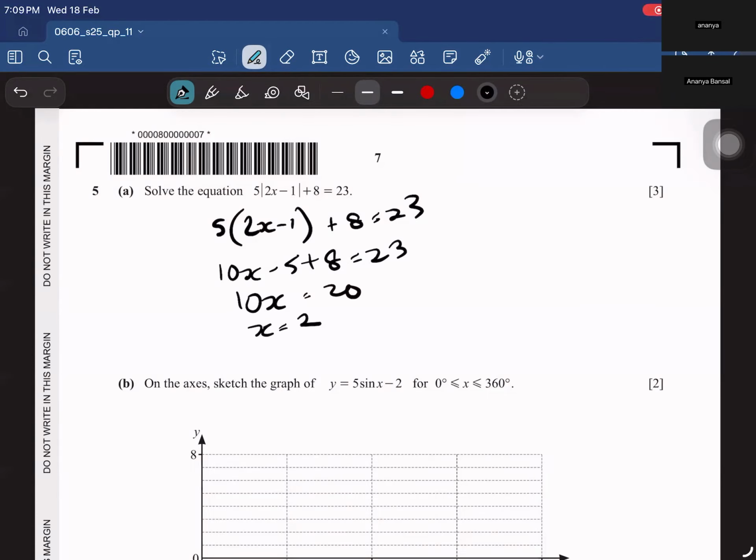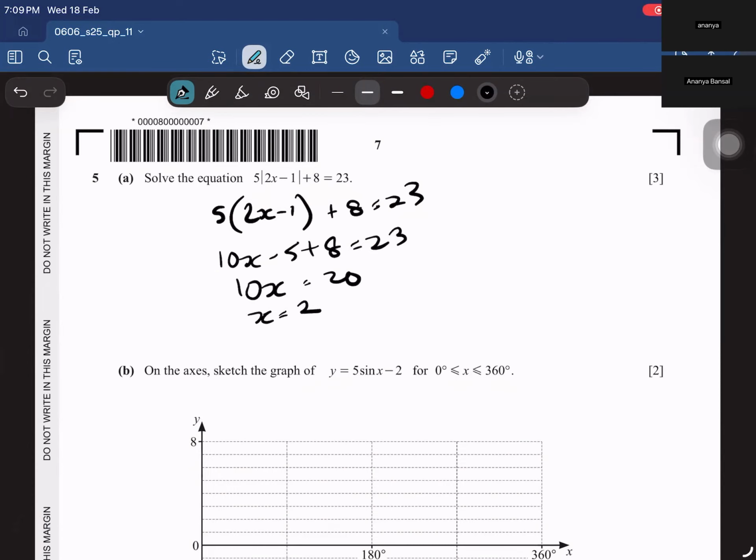And in the second case, I'm going to take a negative sign in front of 2x minus 1, so I get negative 5 times 2x minus 1. The reason that I did this is because what does an absolute value do? It gives you the absolute positive value of whatever's inside the brackets. That means that if this were positive, then it would just be 2x minus 1 in my assumption.